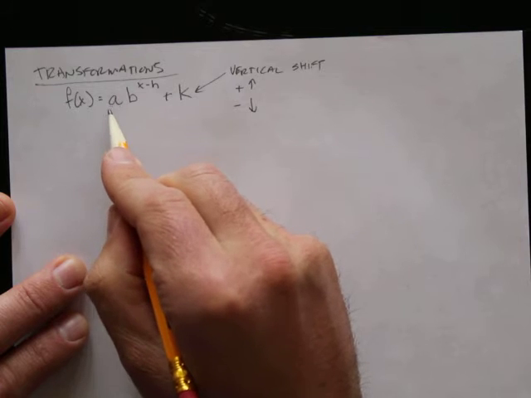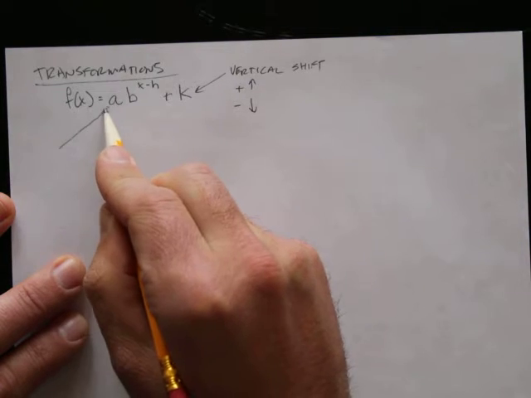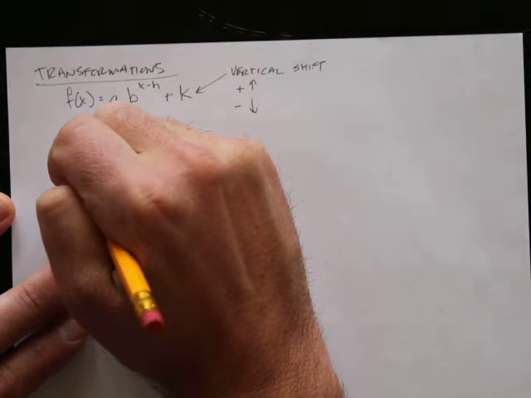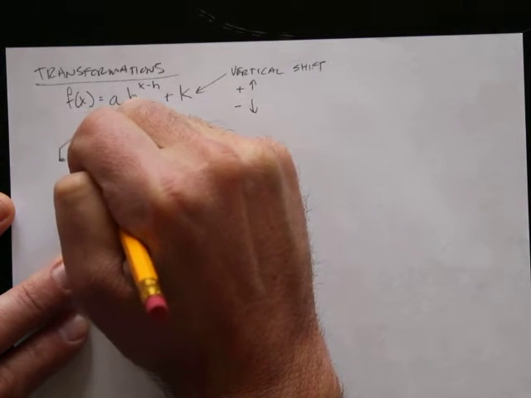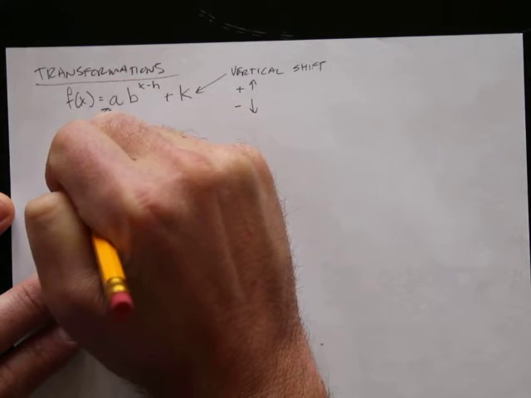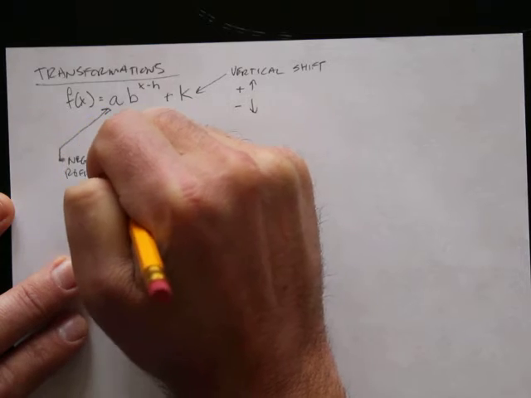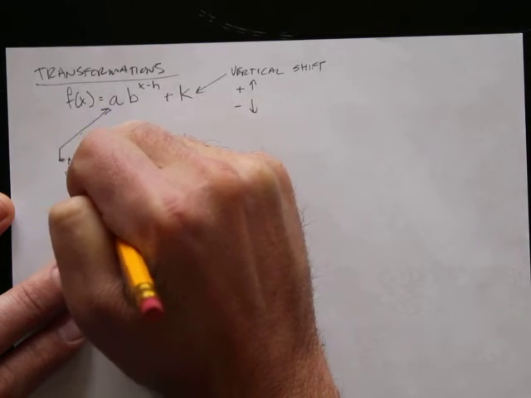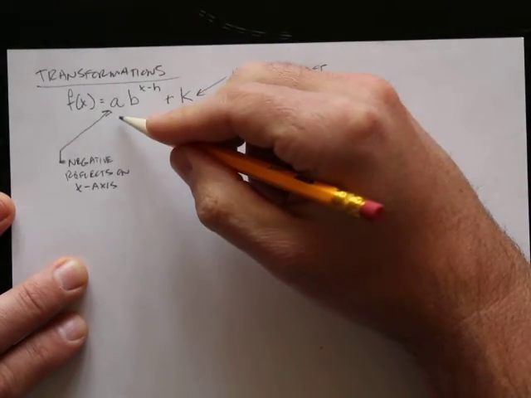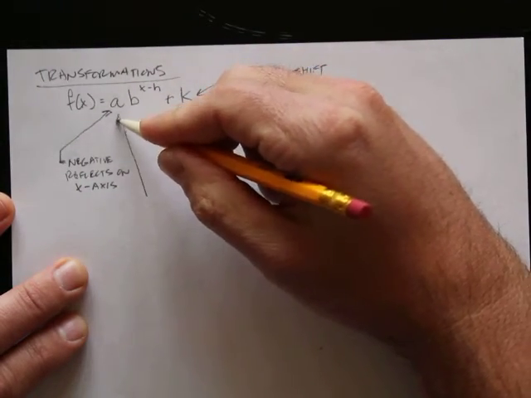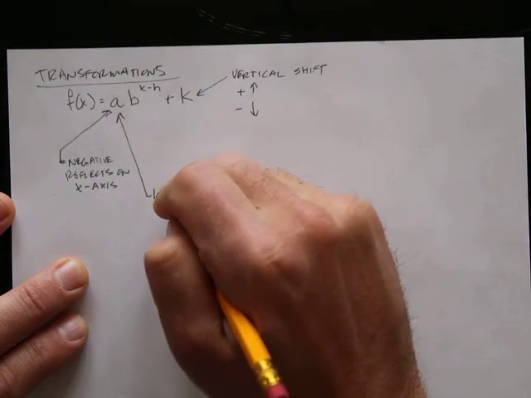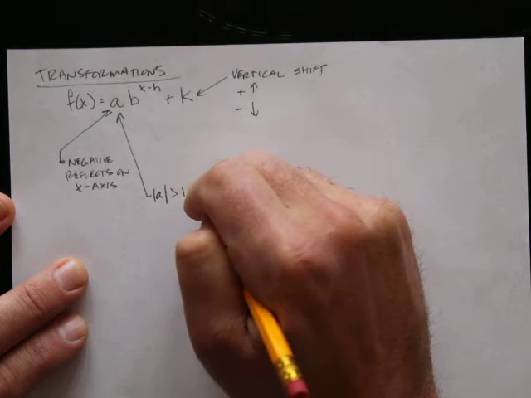Now I'm going to come over here to the left, to this a. If a is negative, it reflects on the x-axis. Now we're still looking at this a. If the absolute value of a is greater than 1, it's stretched vertically.